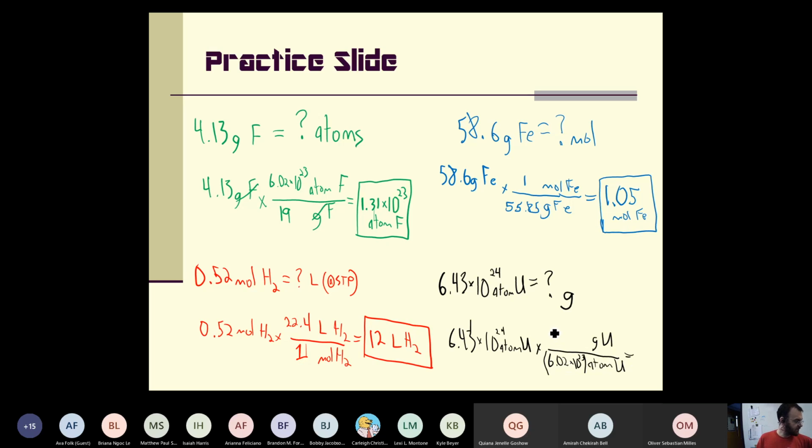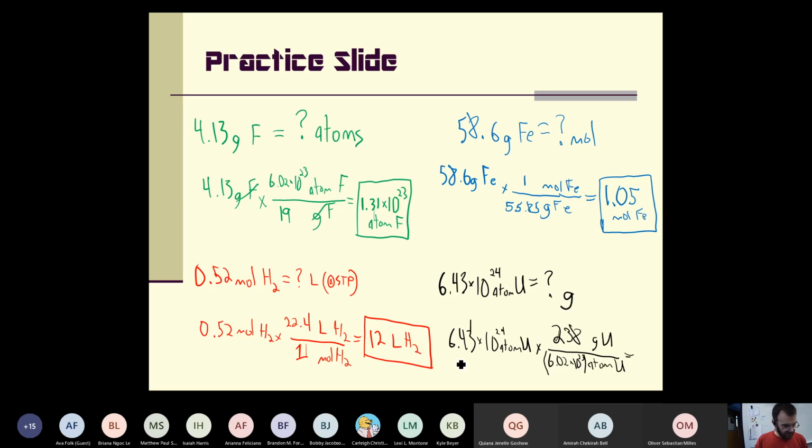So we always need parentheses there. Looking on my periodic table to find the mass of uranium, it's 238. Okay, so 238 grams of uranium over that. I punch my known value into my calculator: 6.43 times 10 caret 24, multiply by 238, divide by parenthesis 6.02 times 10 to the 23rd power, and parenthesis, equals.